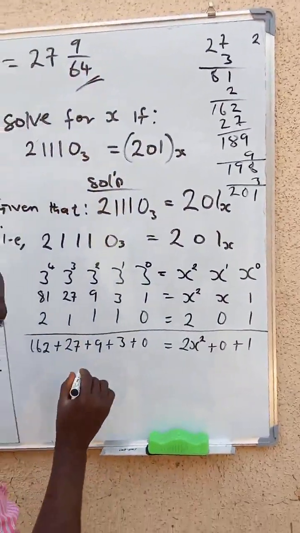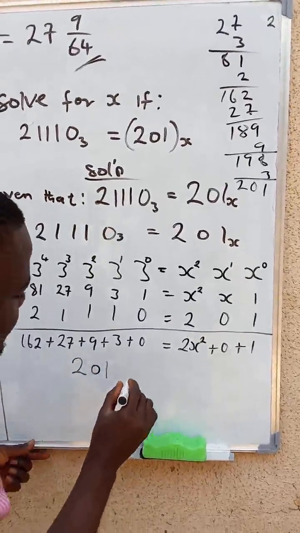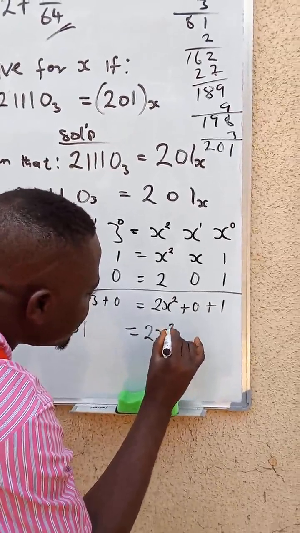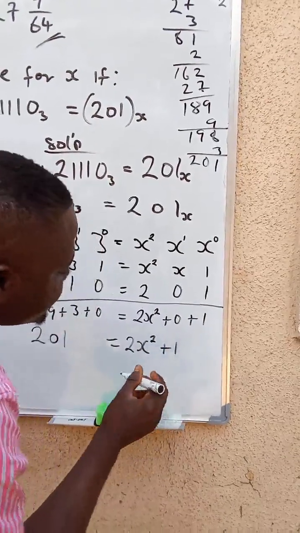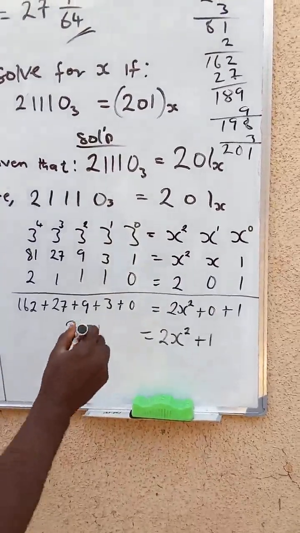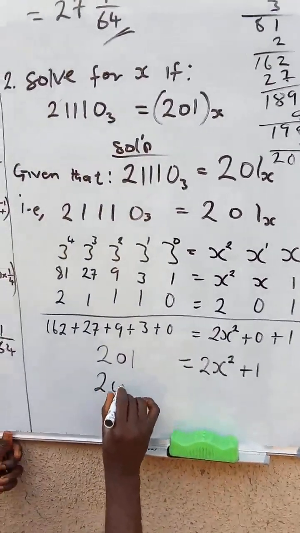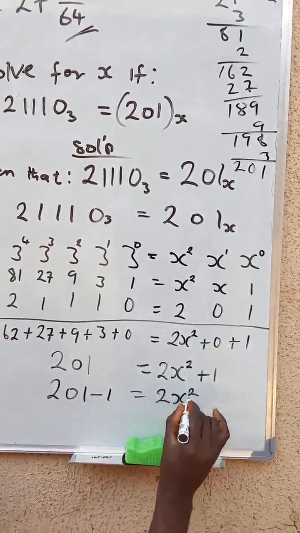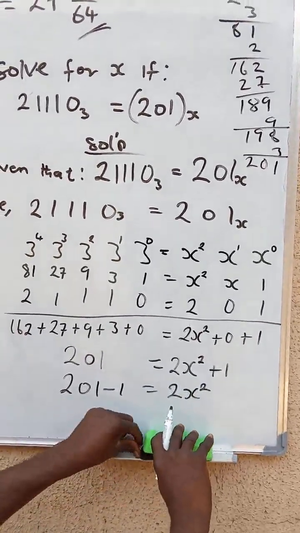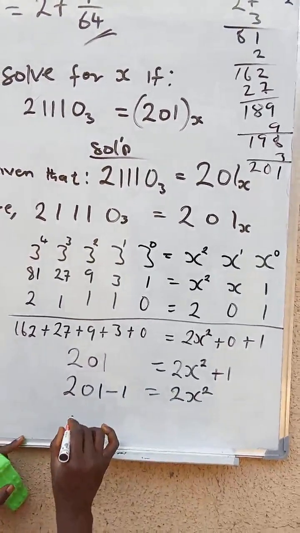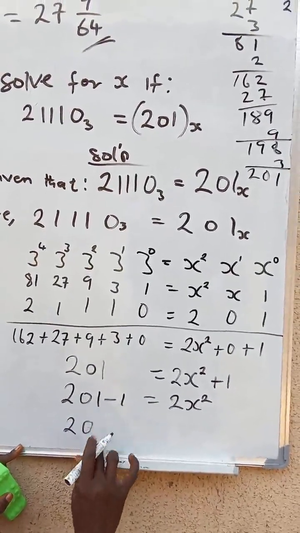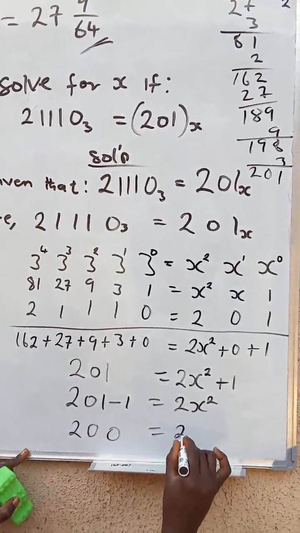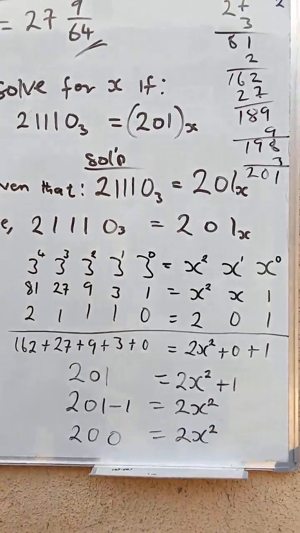So I have 201 is equal to 2x squared plus 1, because 0 is already out. Now 201 minus 1 is equal to 2x squared, and 201 minus 1 is 200. So 200 is equal to 2x squared. Good.